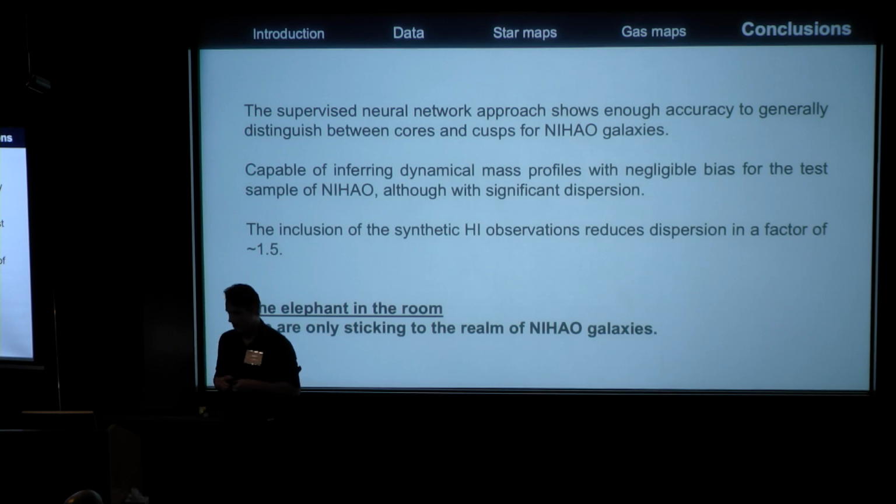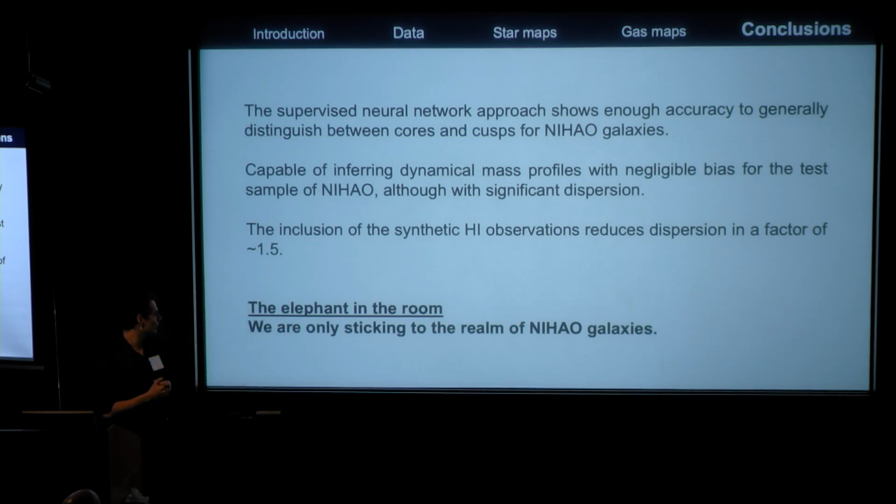So yeah, the conclusion is basically that everything looks cool, but I'm doing this with Nihao galaxies only. So I'm training with Nihao galaxies and testing with Nihao galaxies. So this obviously needs a lot of cross testing with different simulations to see if it is generalizable, or I'm just constructing a mass estimator for Nihao galaxies, which is nothing. And Jorge is going to talk a lot about this. So thank you.